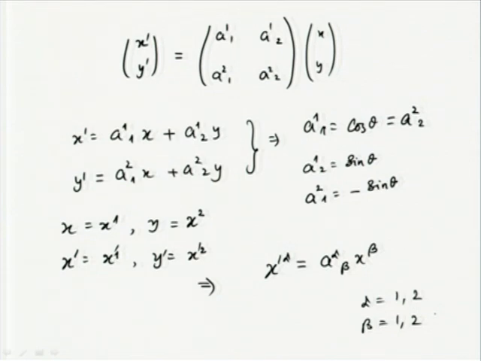So, if I take alpha equal to 1, x prime 1 equal to A11 x1 plus A12 x2. Similarly, for x prime 2. This is a compact notation. So, we have a compact way of denoting the transformation of coordinates under rotation in 2 dimension.